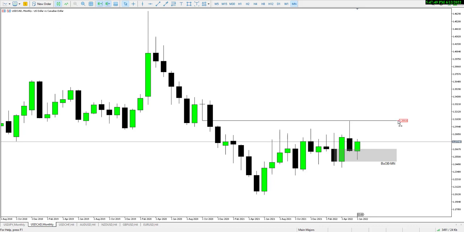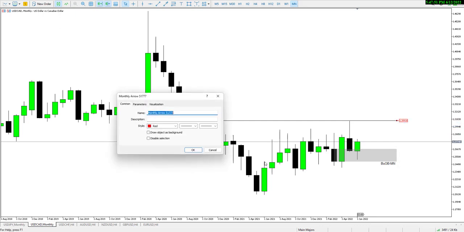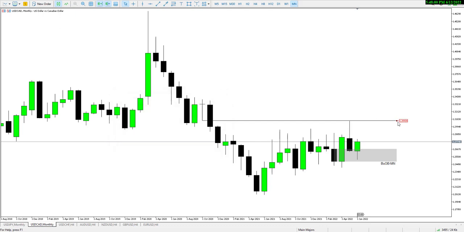1.30800 is our draw on liquidity on USD CAD. It might take maybe a month and a half or even 2 months for price to reach that price point, or it can really move to the upside.